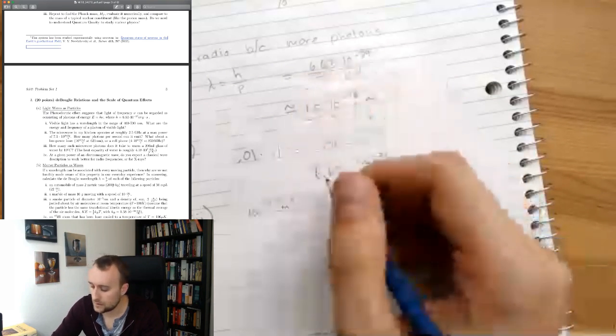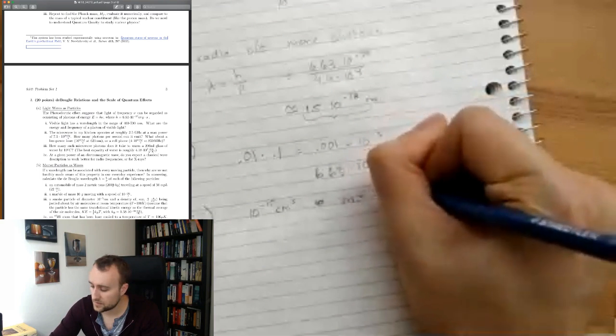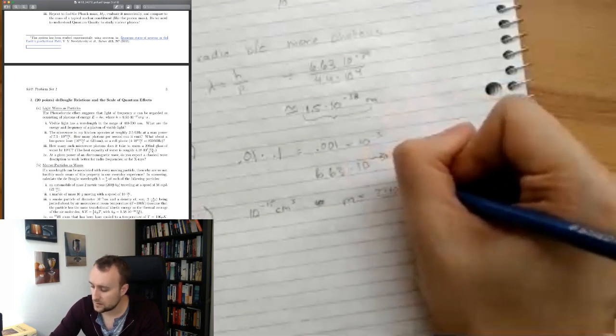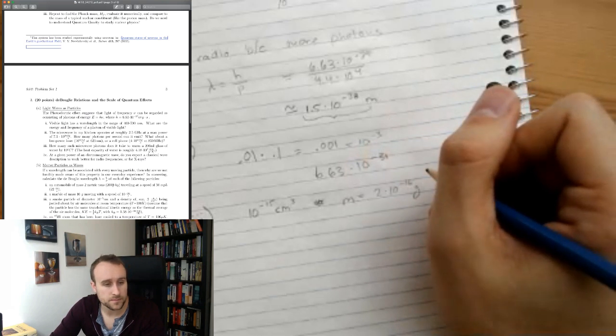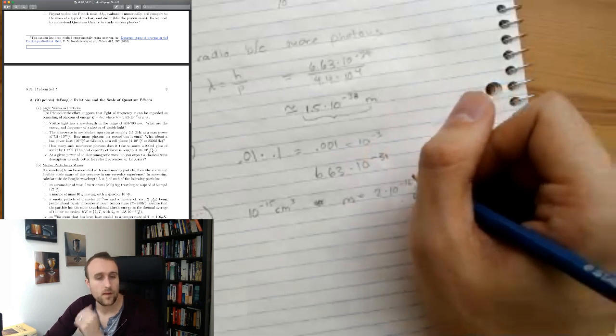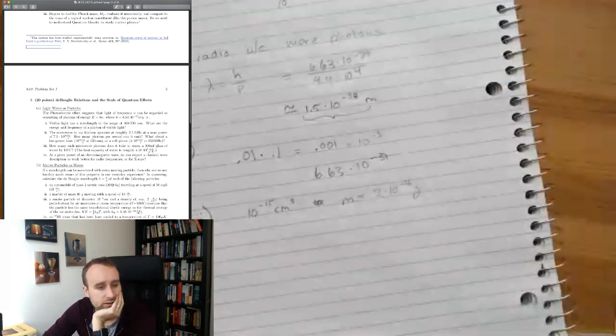So the mass is equal to 2 times 10 to the negative 16th grams. And then the particle has the same translational kinetic energy as the thermal average of the air molecules, kB T.